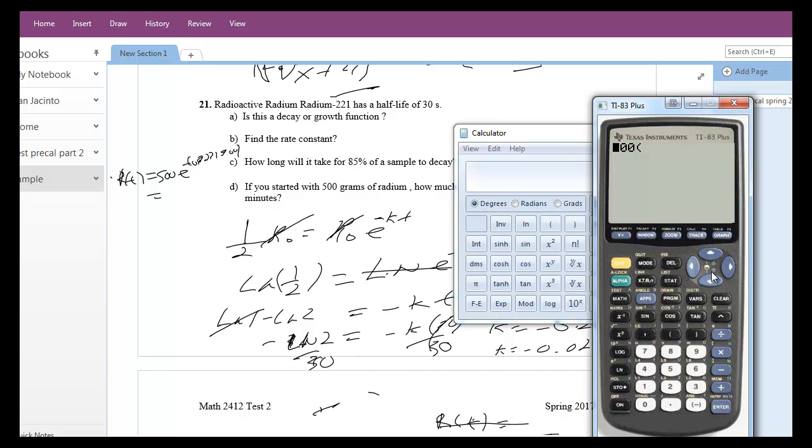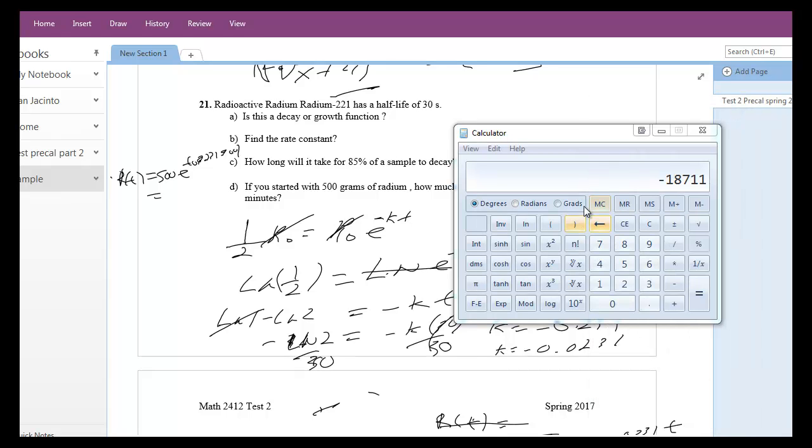Actually, I'm going to clear this up a little bit. Let's say clear, start over. 500. Second exponential. I have negative 0.0231 times 900. So that should tell me I should have a very small number, 4.67 times 10 to the minus 7, which if you round it to 0, pretty much almost nothing's left.